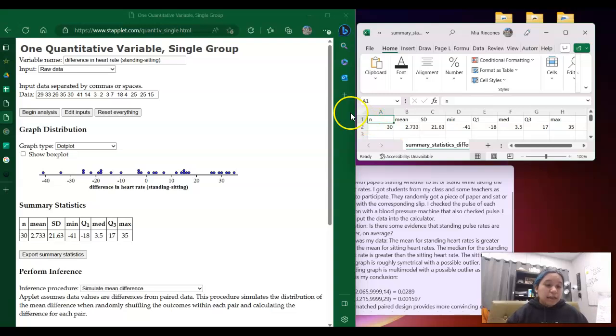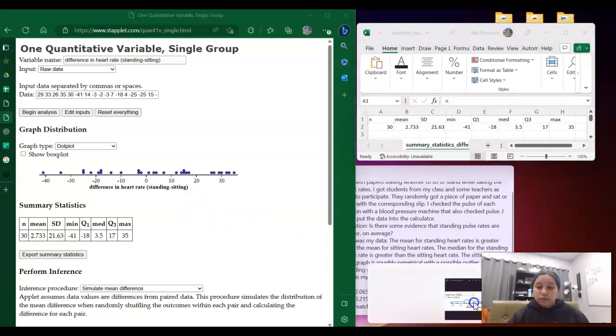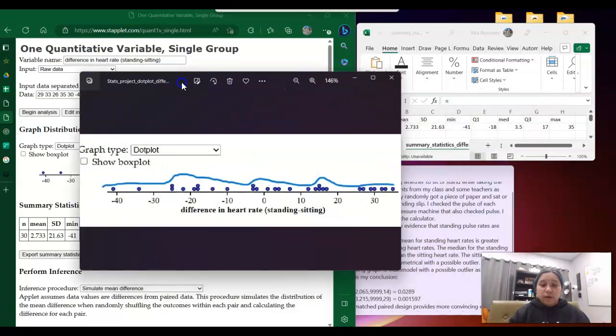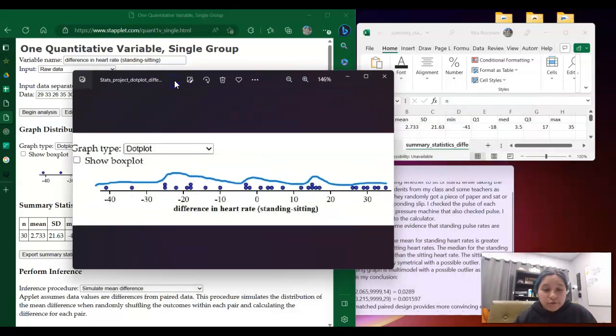Onto that, our n is 30, and our mean, or our x bar, is 2.73, and our standard deviation is 21.63. When you look at it on a graph, it somewhat looks like a multi-modal. So you do have multiple peaks.